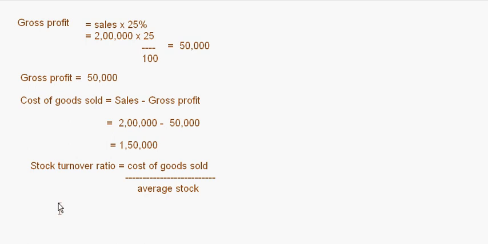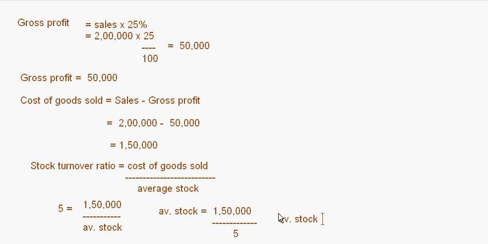So 5 is equal to cost of goods sold, which was 1,50,000, upon average stock, which we do not know, we have to find out. So average stock will be equal to 1,50,000 upon 5. Clear? Right. So 1,50,000 upon 5 is 30,000. So average stock will be equal to 30,000.